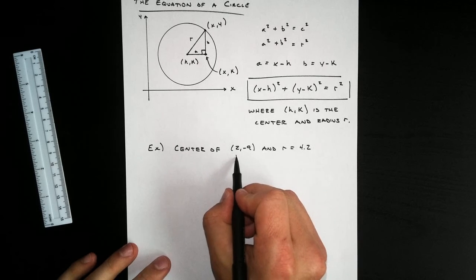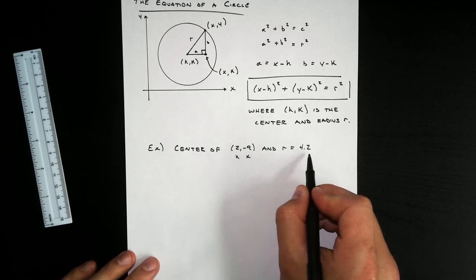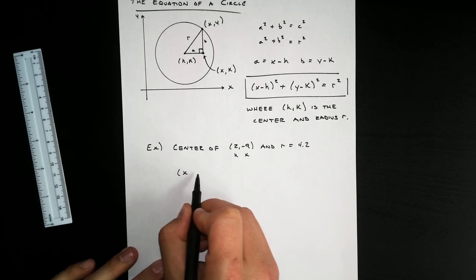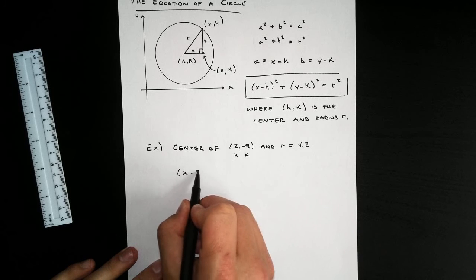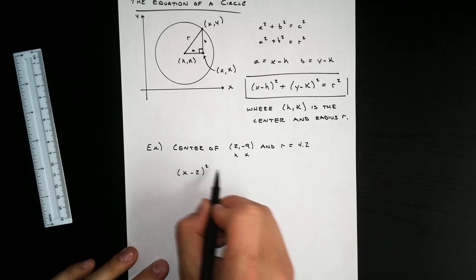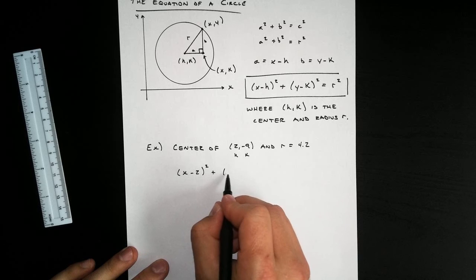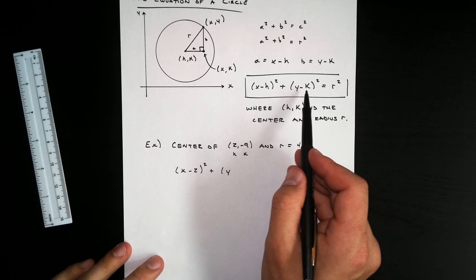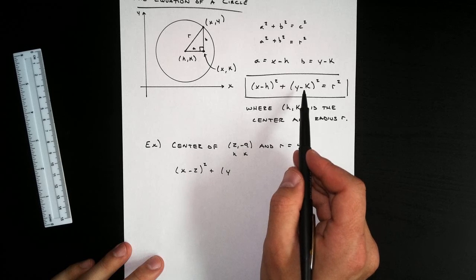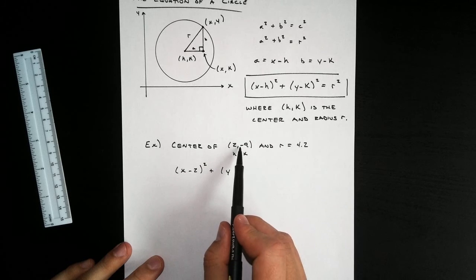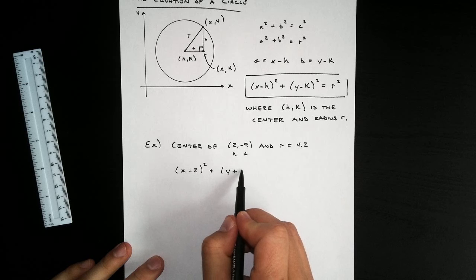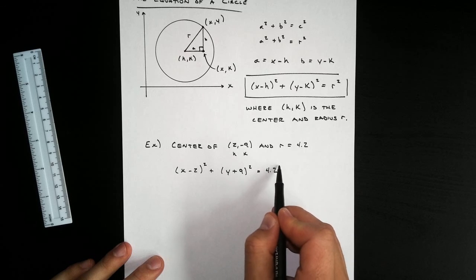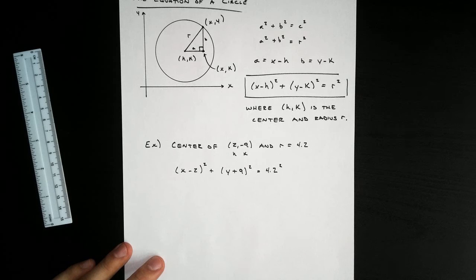So this is h, this is k, and we know what r is. So we just need to plug that in. So (x minus 2) squared, plus (y minus k). So that negative sign is built into this equation. So it's actually minus a -9, which turns that into plus 9. And that is equal to 4.2 squared.